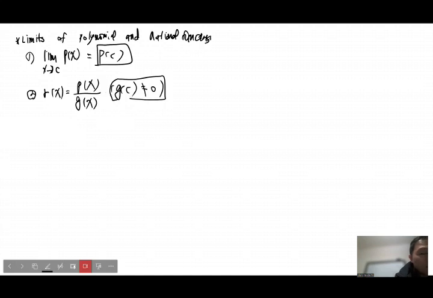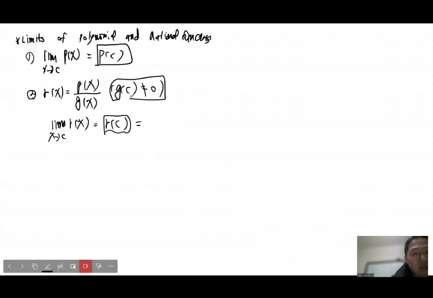And now if you find the value of r(x) in the case x goes to c, then that should be the same as r(x) with x equal to c. So you replace x with c, then the limit of that r(x) should be r(c).